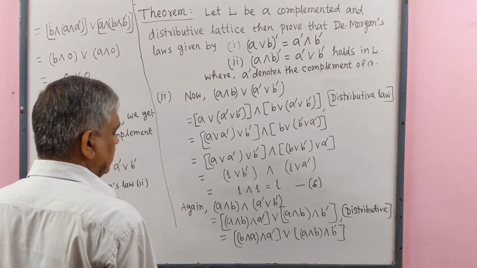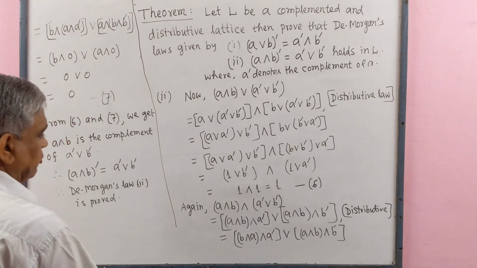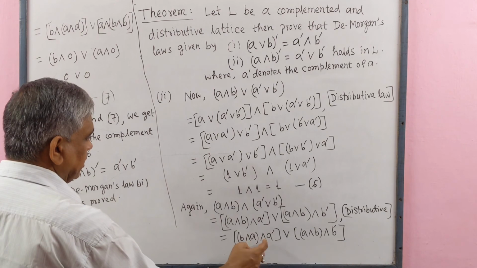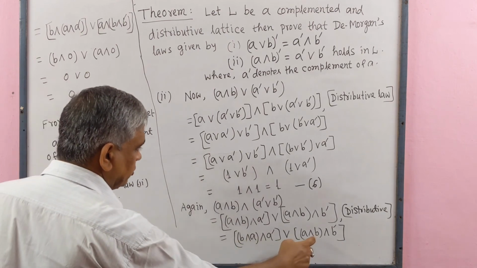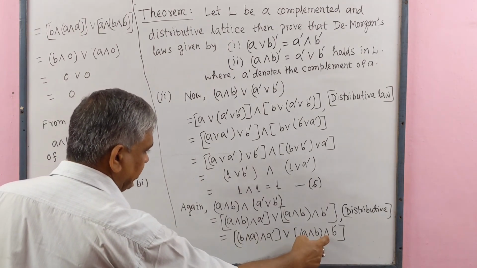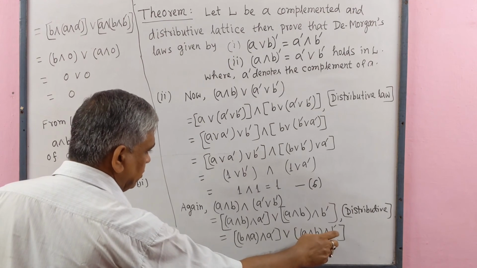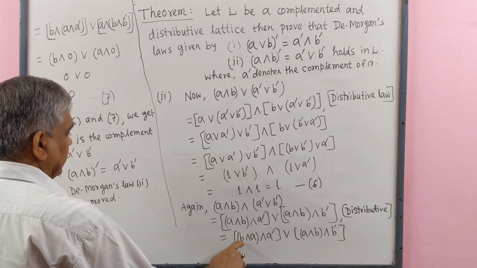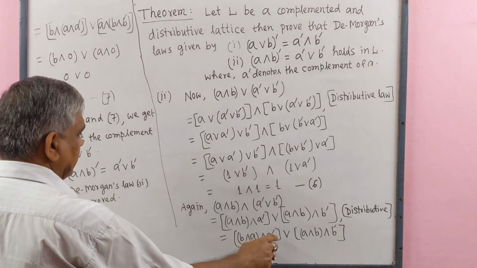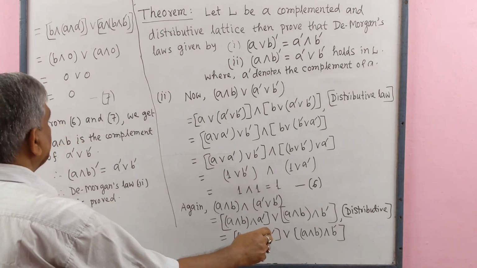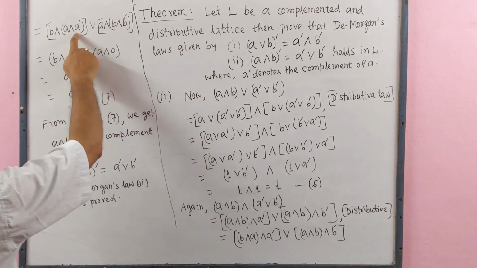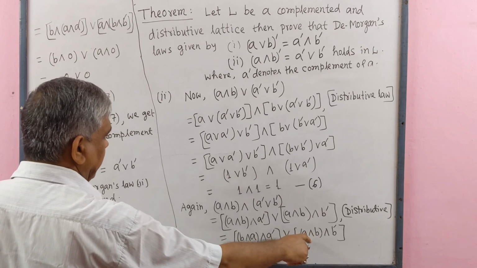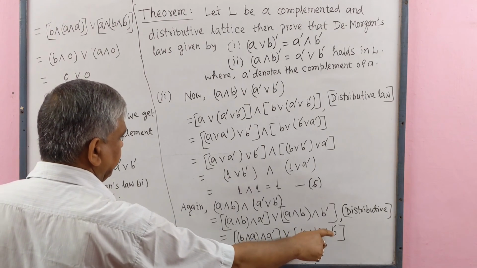Now here we see meet and here also meet, so we use the associative law. Here also we see meet and here also meet, so we use the associative law here also. So by the associative law we get B meet (A meet A prime), join A meet (B meet B prime).